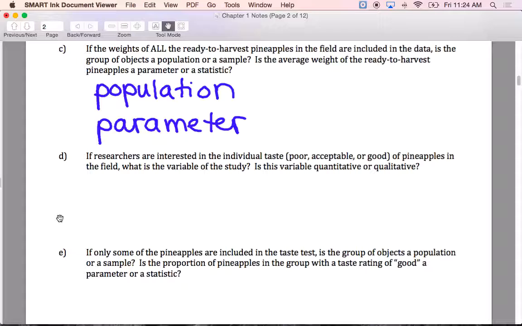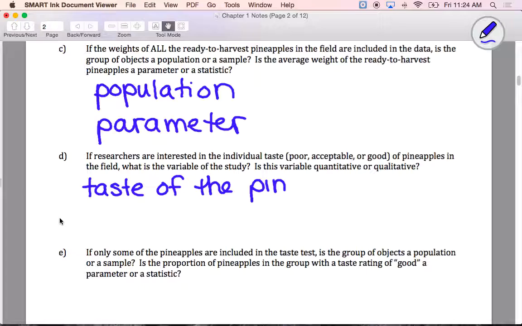If it's a description, that's going to be a qualitative variable. So we're looking at the taste of the pineapples. And like I said, that's going to be a qualitative variable.